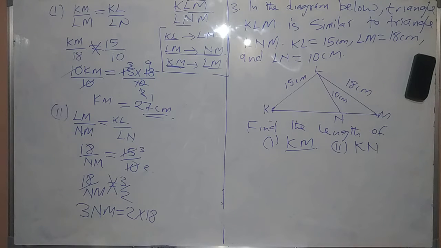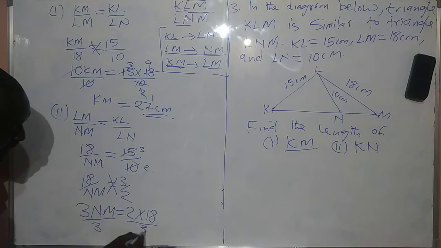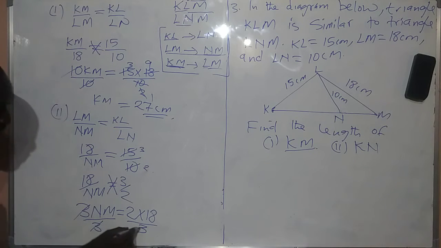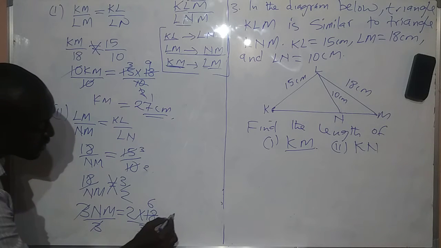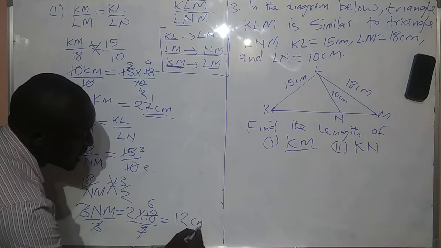Okay, so 2 times 18, and then now we can divide both sides by 3. 3 there, 3 there. So NM will be equal to 3 there, 1, 3 into 18, you have 6. And then 2 times 6, you are going to have 12 centimeters.